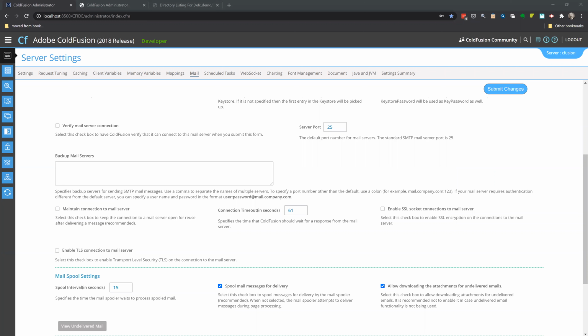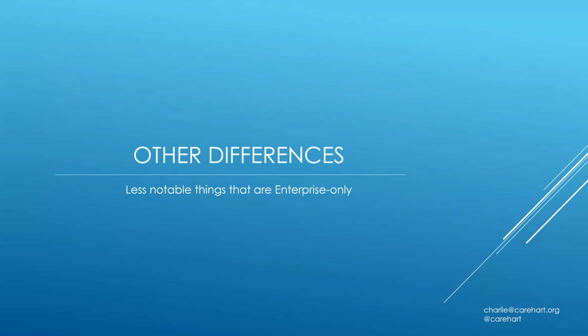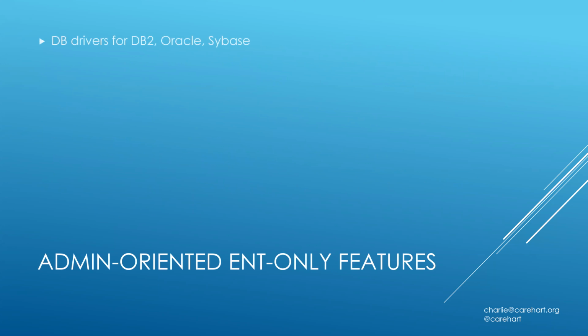Okay. All right, now that was a bunch of the major differences. There are a bunch of other less notable differences that you should at least know about. Some are administrator oriented. One is if you use DB2 or Oracle or Sybase, the Enterprise Edition includes drivers for that. Now, let me explain. People sometimes don't understand what's going on under the covers.